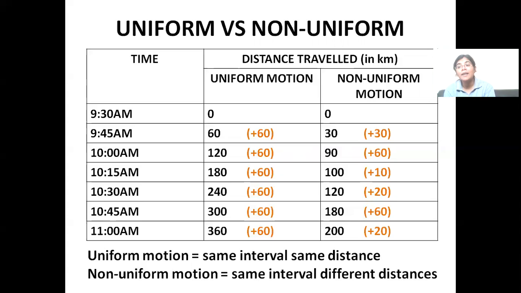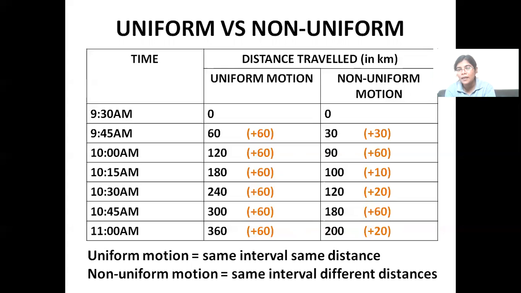Then again, I met a dragging traffic and I could just cover 10 kilometers in 15 minutes. Then again, I could cover 20 kilometers. Then again, I could cover 60 and then again 20.